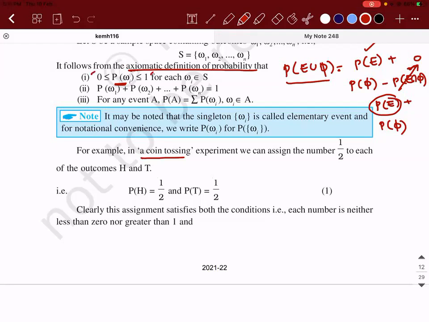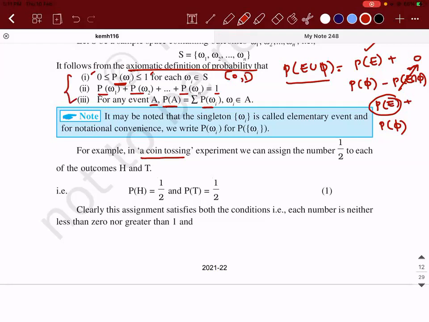The range of probability is 0 to 1 within a closed interval. Secondly, if there are n events, then the probability of all the events put together will be equal to 1. And for any event A, probability of A can be written as the sum of the probabilities of all the singleton events in it.